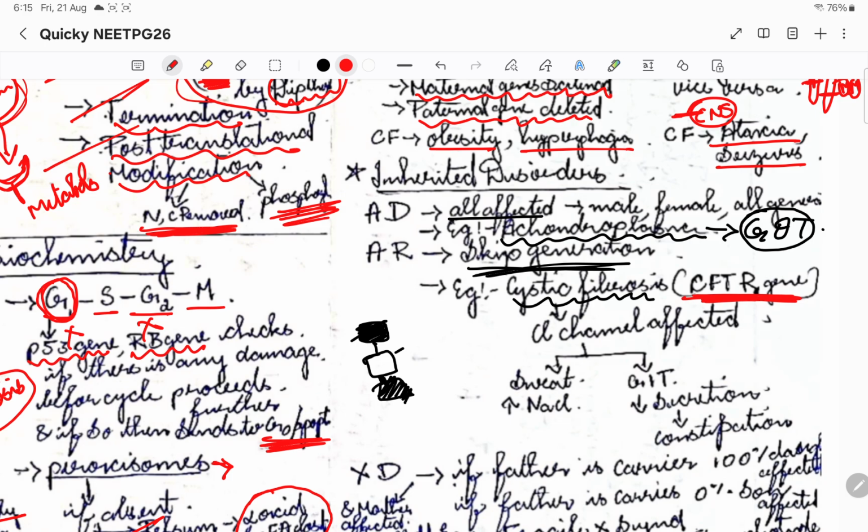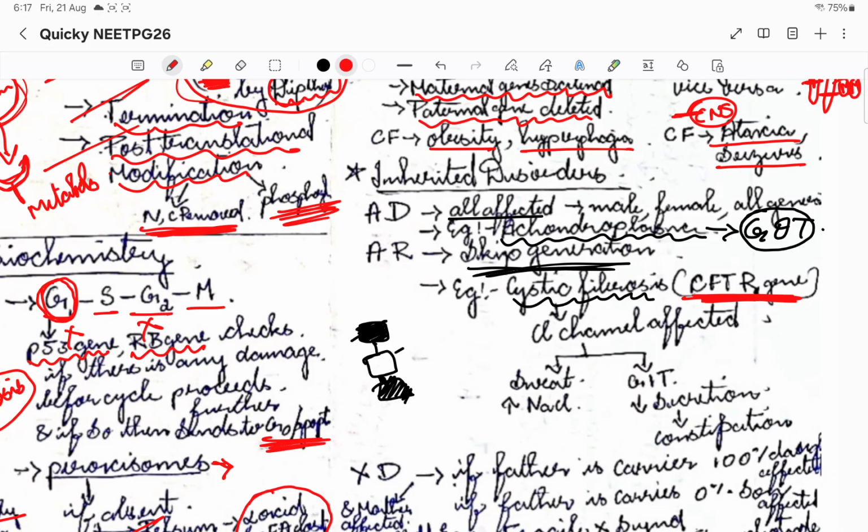One more thing I want you to remember is the ATP7A and ATP7B genes. Please remember that also. And in osteogenesis imperfecta, there was a COL1A1 and COL1A2 defect, right? So remember that too.